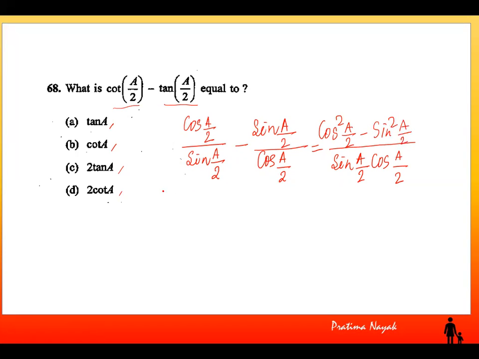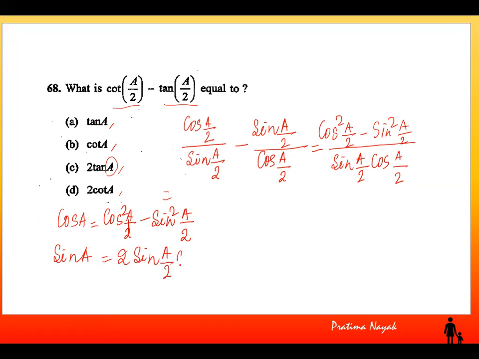Next, converting into A function. A by 2 will convert into A. So I'll apply that cos A is equal to cos square A by 2 minus sin square A by 2. So the numerator will be your cos A. And for the denominator, sin A is equal to twice sin A by 2 into cos A by 2.